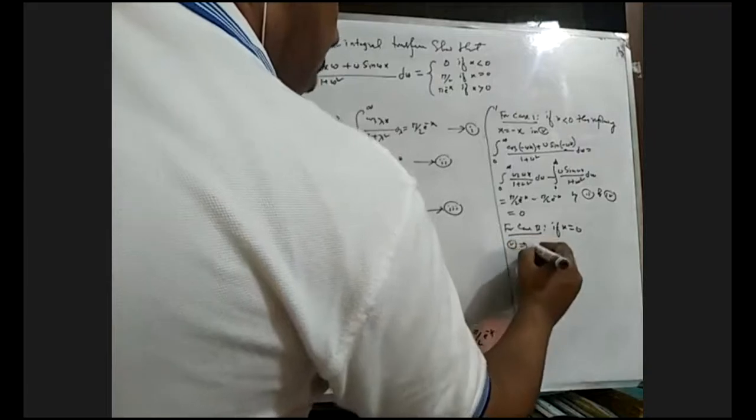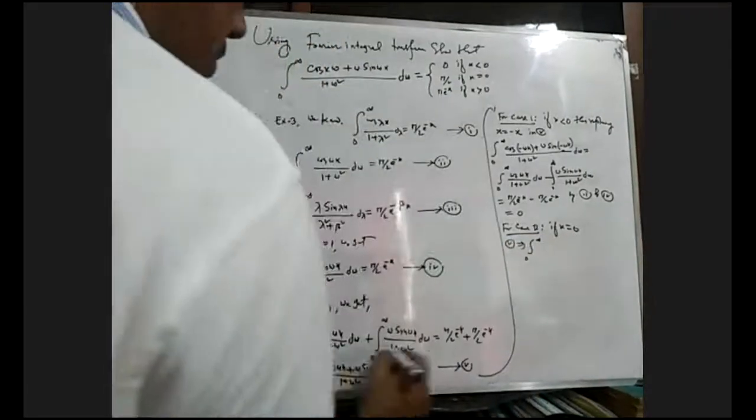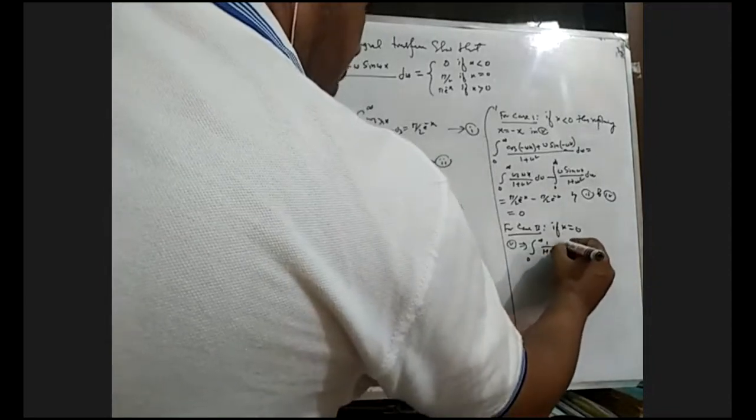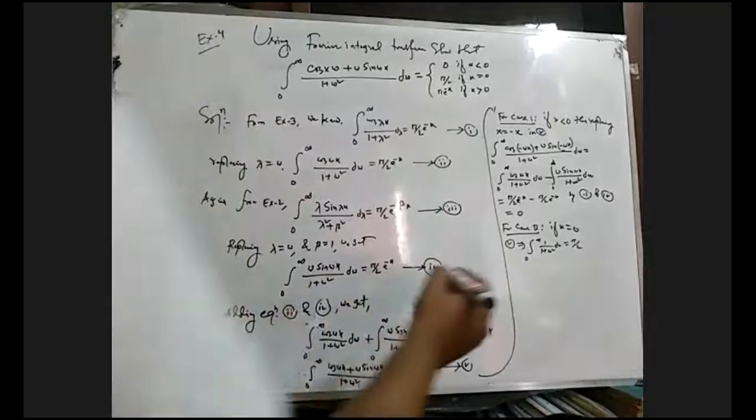If x equals 0, then we get only 1 by 1 plus omega square d omega. This equals pi by 2.